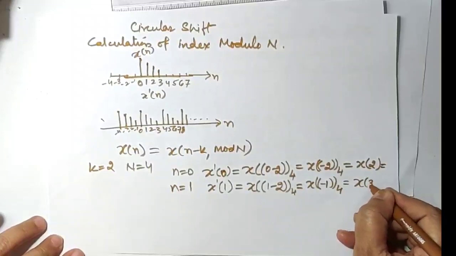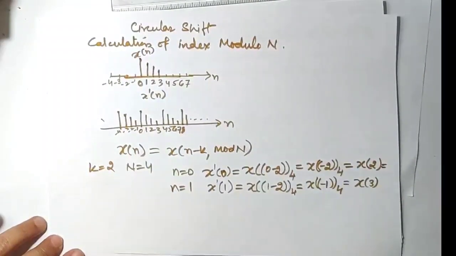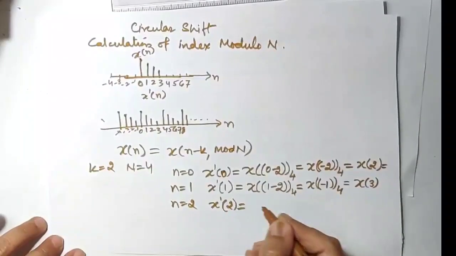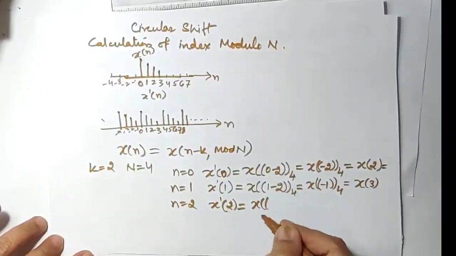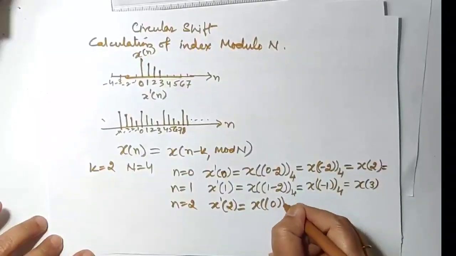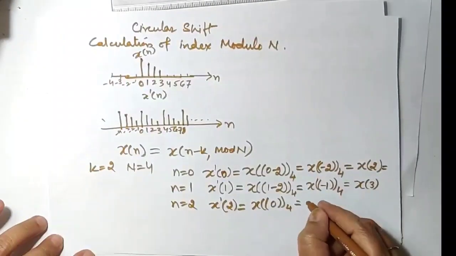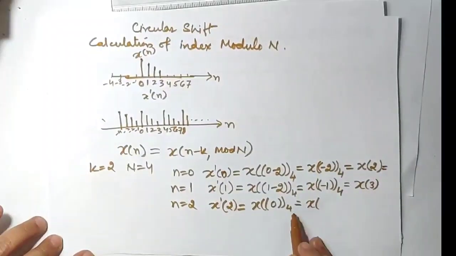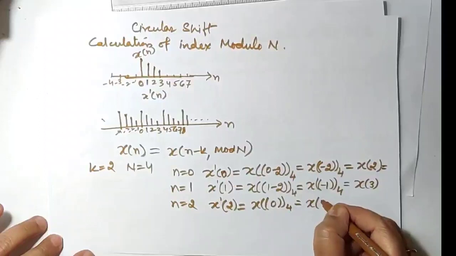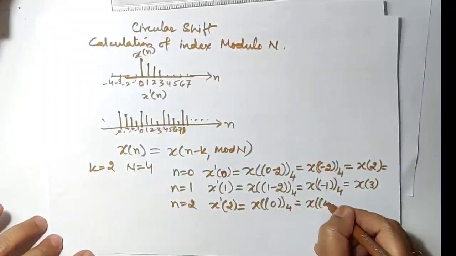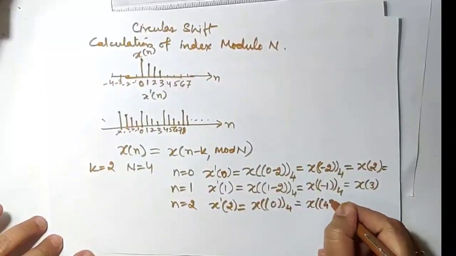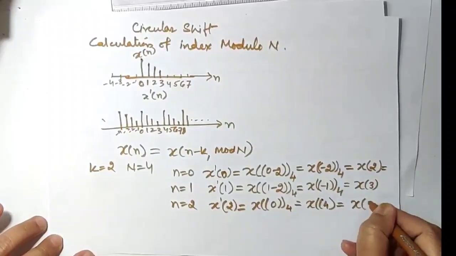That will be x3. Similarly x2 is x2. Then we will have x0; many books will directly write x0.